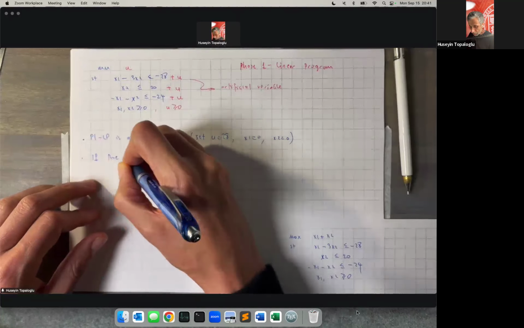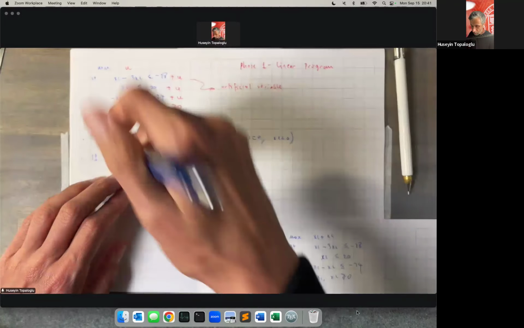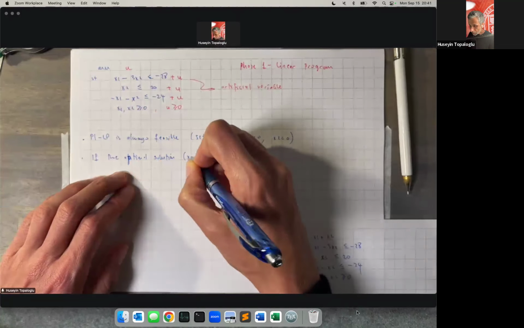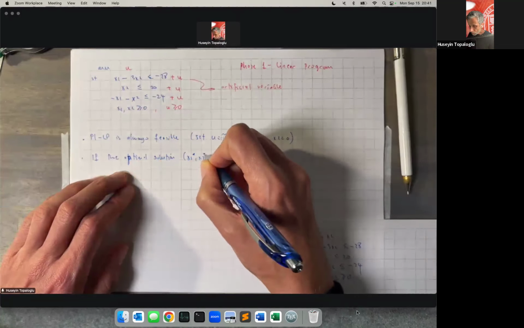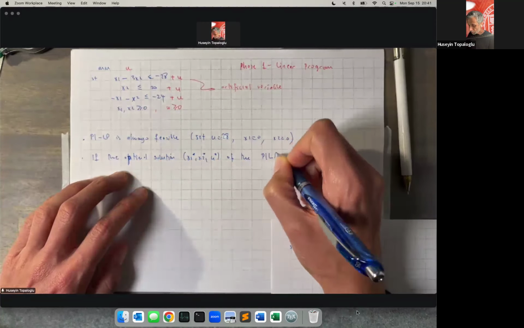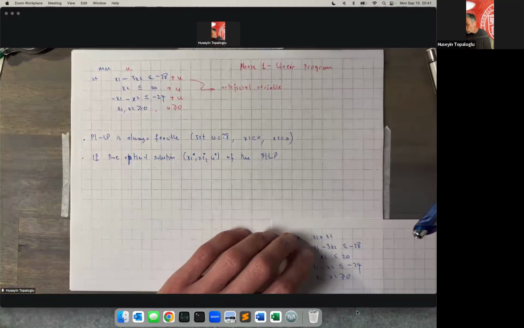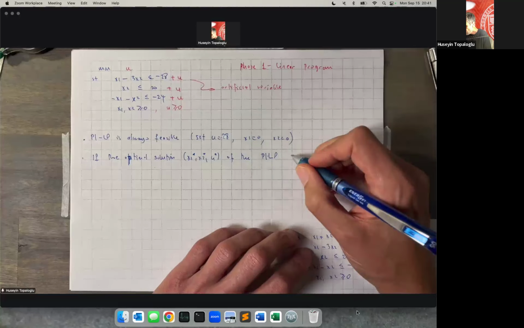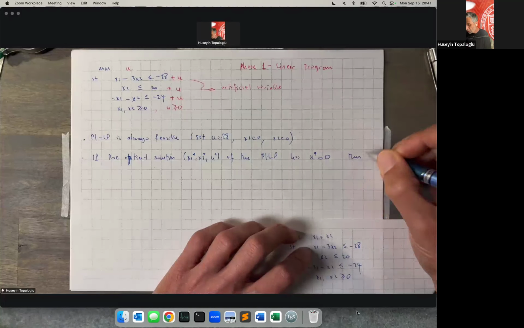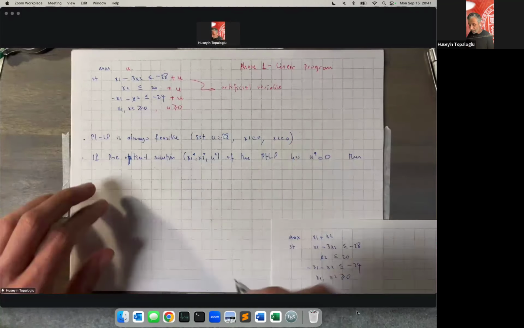If the optimal solution x1, x2, u star of the phase 1 LP has u star equals 0, then what do we have?